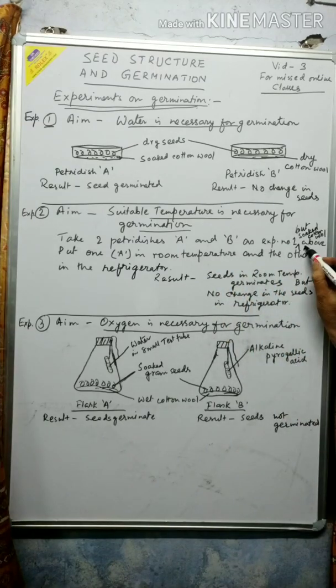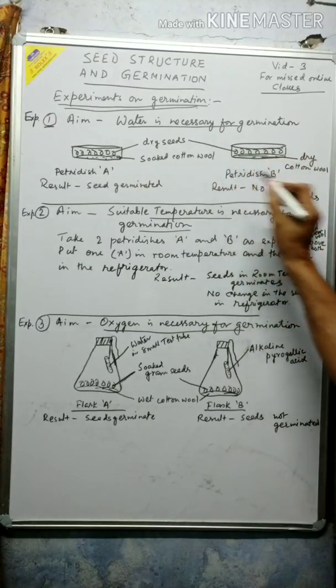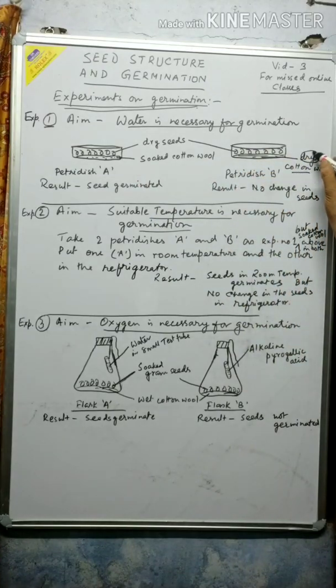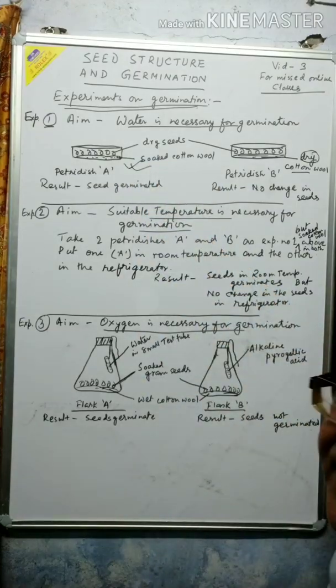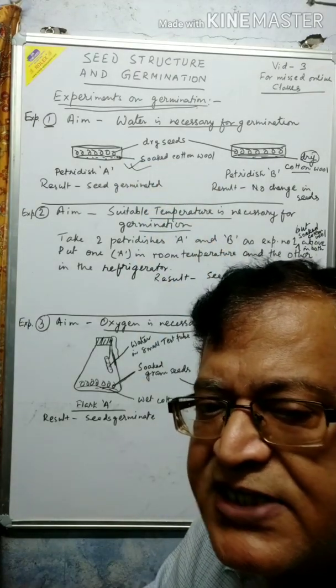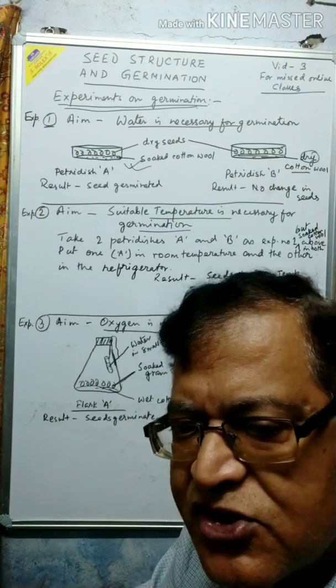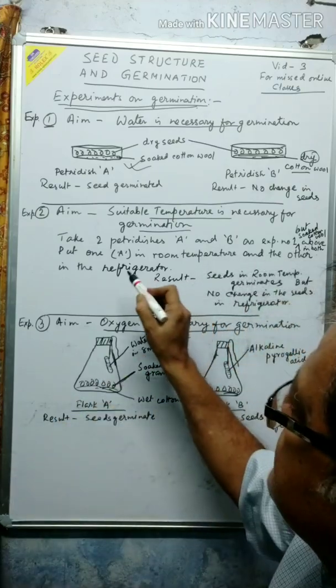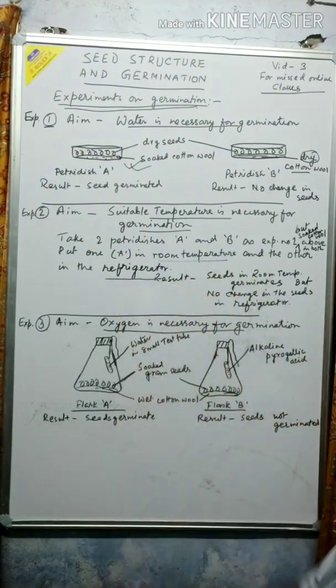In both the petri dishes, instead of dry cotton wool, it should be soaked. So both the petri dishes will have soaked cotton wool and seeds, and one petri dish keep in room temperature, the other petri dish keep in the refrigerator.